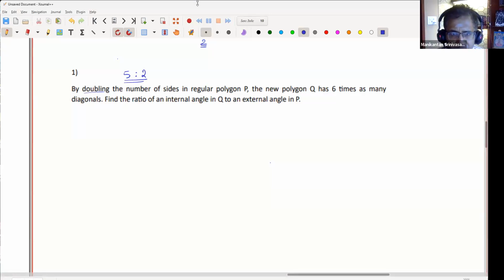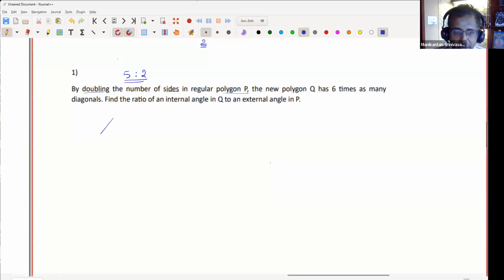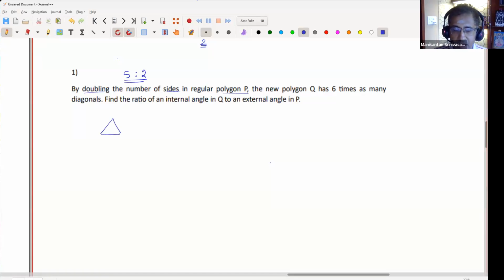So let's do this. By doubling the number of sides in a regular polygon. Okay, regular polygon. What is a regular polygon? A polygon which has all the side lengths the same and all the angles the same. I should mention both, right? For a triangle, an equilateral triangle is regular because the sides are equal and the angles are also equal. For a quadrilateral, you cannot say a rhombus is regular, even though all the sides are equal, the angles are not equal.